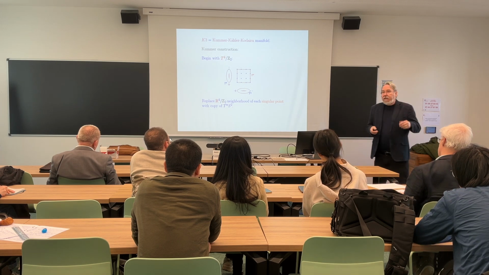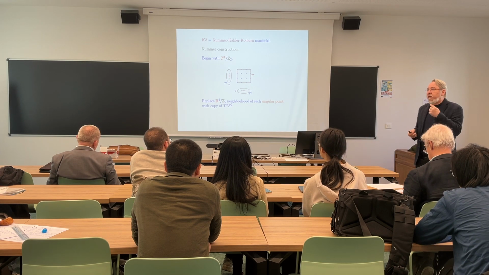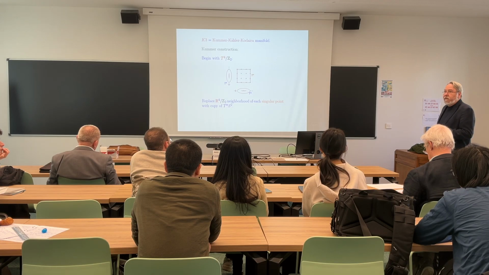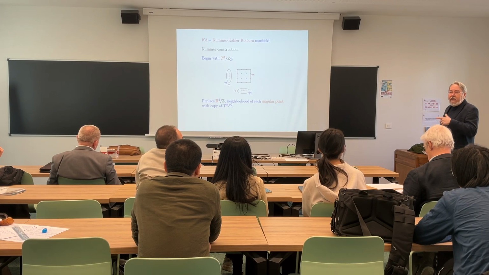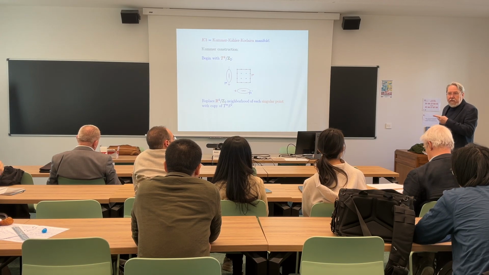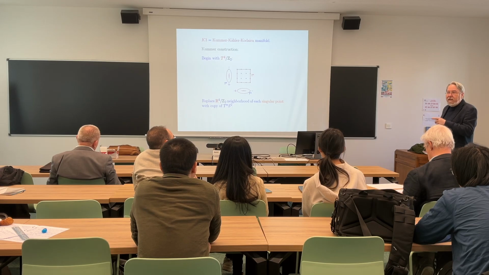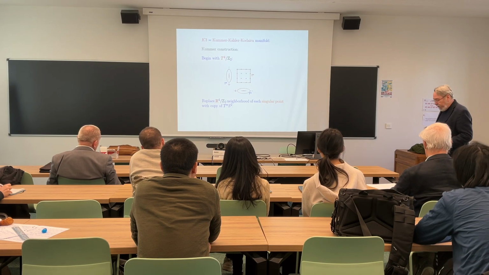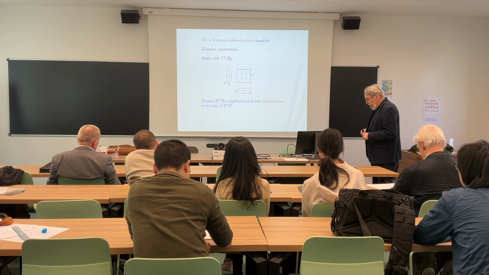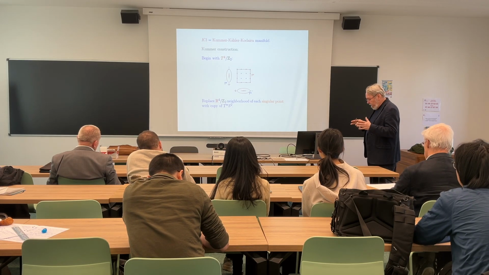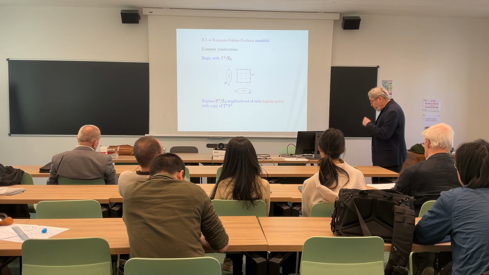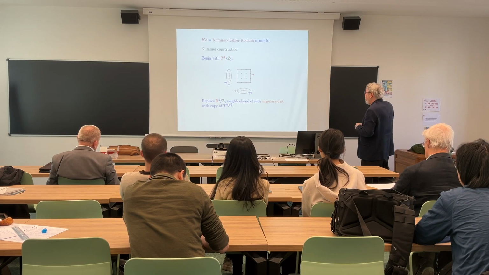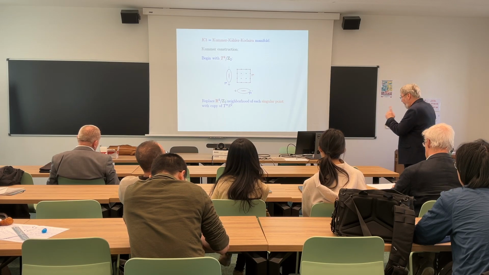A cute fact is that if you take the unit tangent bundle of S2, then in fact you can identify that with RP3, because a point in the unit tangent bundle is a unit tangent vector on S2.